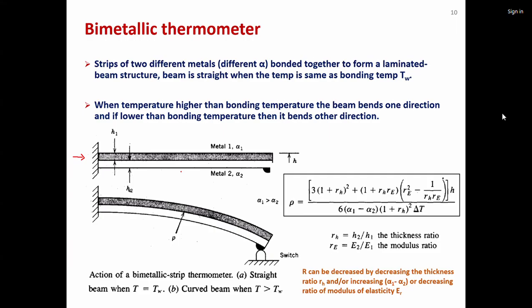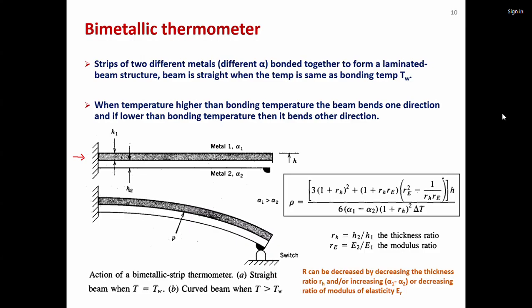And what is important here is that at the temperature at which this bonding happens, you have to ensure that the beam is actually straight. Because if the beam is initially deflecting when it is manufactured, then it will give erroneous results. So make sure that initially it is flat and straight.